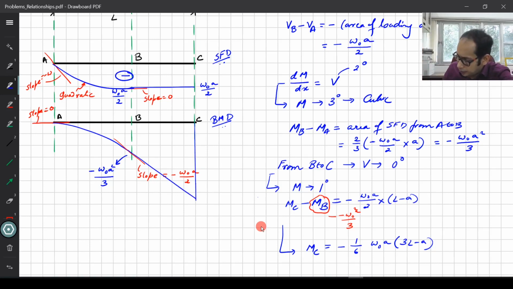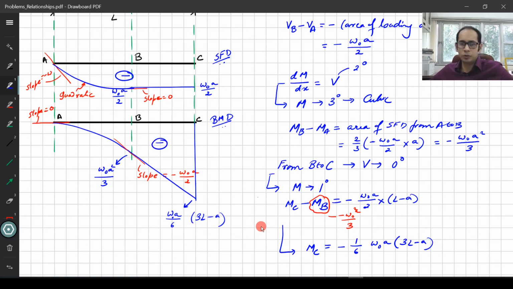So here at this particular point, what you have is equal to minus 1 over, sorry, I should not have written the negative sign here also, because I'm marking in the bottom half plane. So here the value will be, if you write the negative sign, that's also okay, as long as you are clear why you're writing it. Minus W naught A by 6 times 3L minus A. And this whole bending moment diagram is also negative.